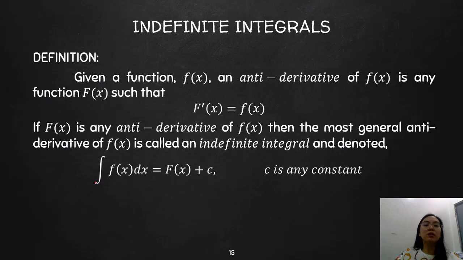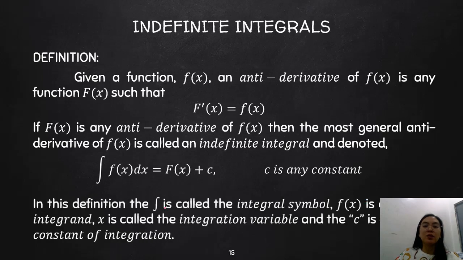So, you should be familiar already with this particular symbol. This is your integral symbol. Your f of x is called the integrand. X is called the integration variable. And c is called the constant of integration. So, yun lang naman po yung mga terms that you need to be familiar with.